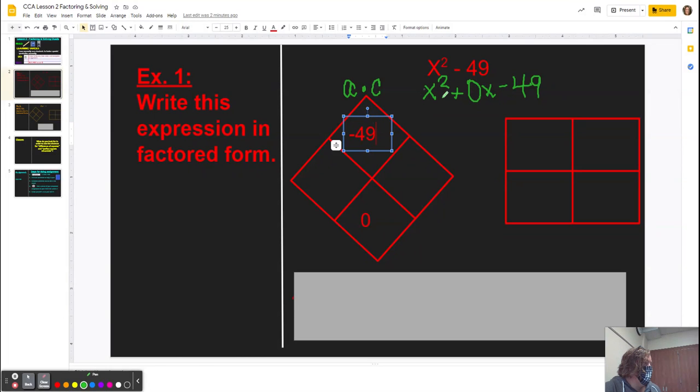Because there's no number next to this x squared, remember it's an imaginary 1. So 1 times negative 49 gives us this negative 49, right? If it was like 3, you would do 3 times negative 49. Yep, you're welcome.